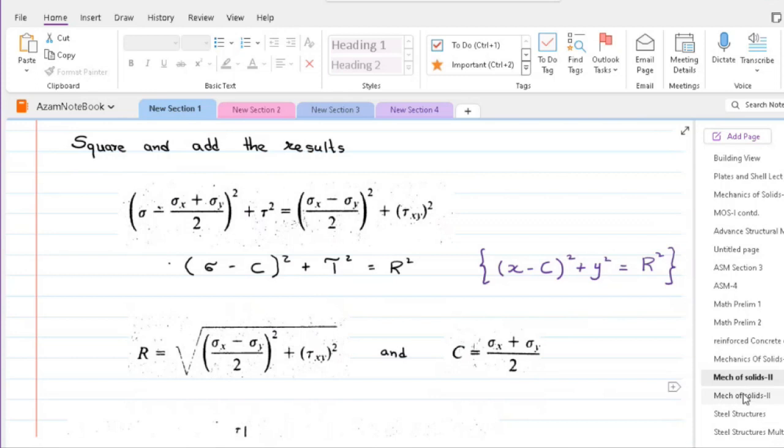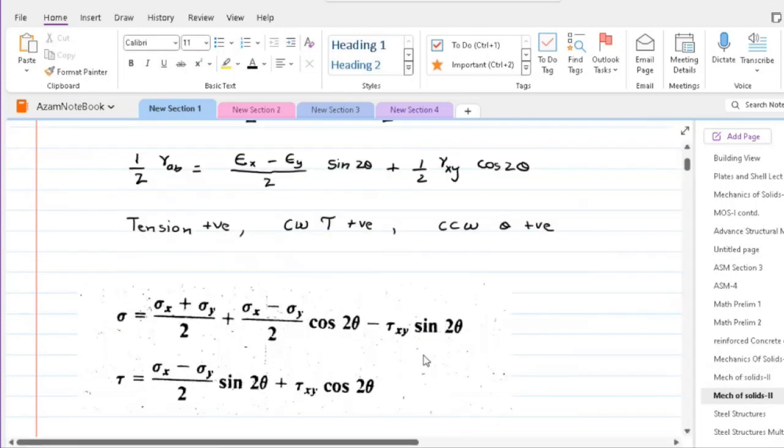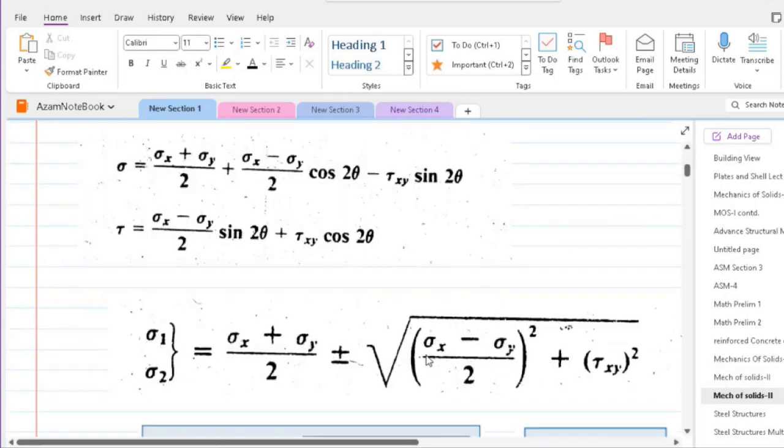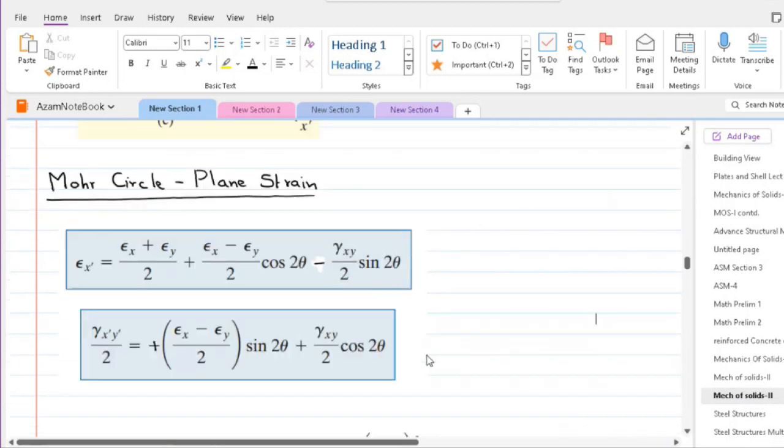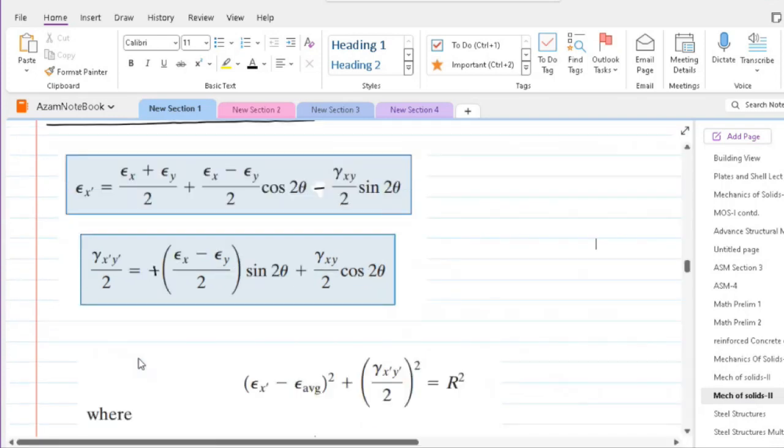We can do the same exercise in the case of plane strain problem. The expressions involving plane strain transformation are mathematically similar to the expressions of the plane stress problem.